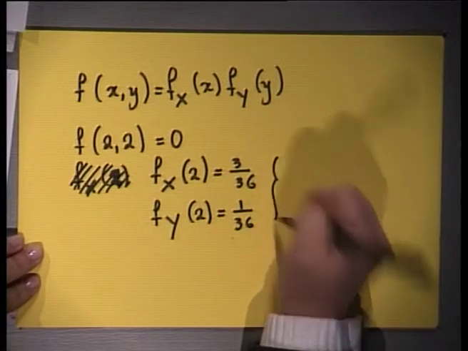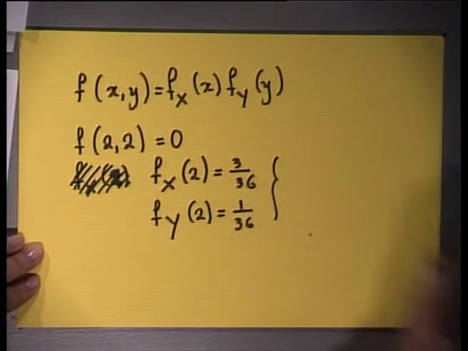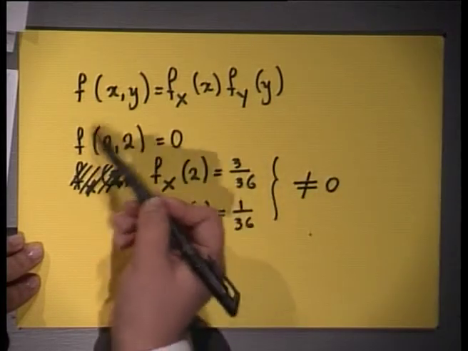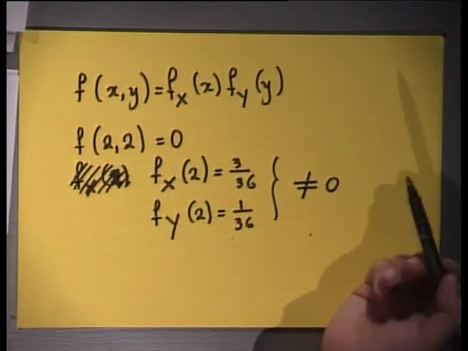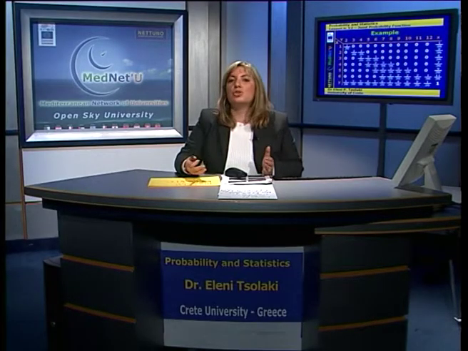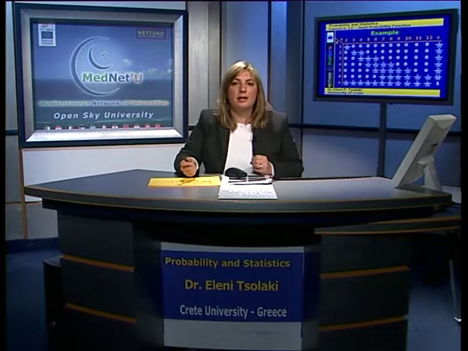We see that if we multiply these two, it is not 0, so we do not need, in this case, to check all other elements in the table. We know that the variables x and y are not independent.